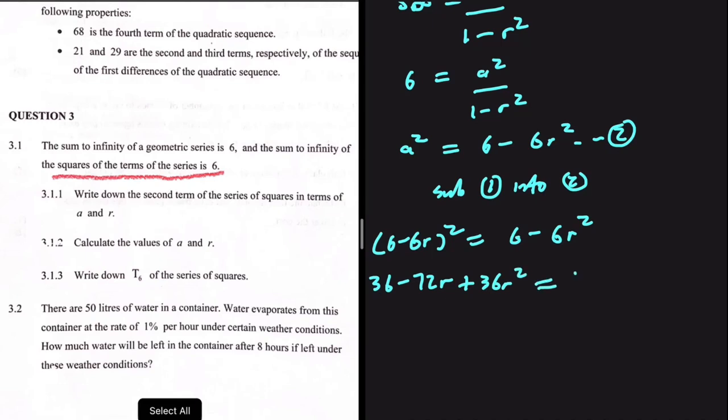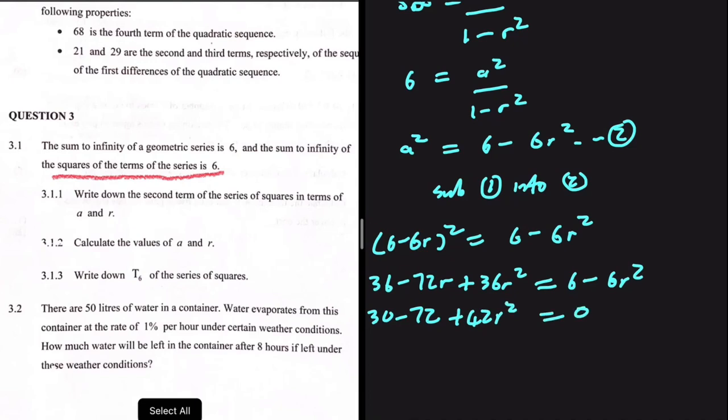This is equal to 6 minus 6r squared. Let's take 6 to the left hand side. We're going to get 30 minus 72r, and then 36r squared plus 6r squared, that will be plus 42r squared being equal to 0.